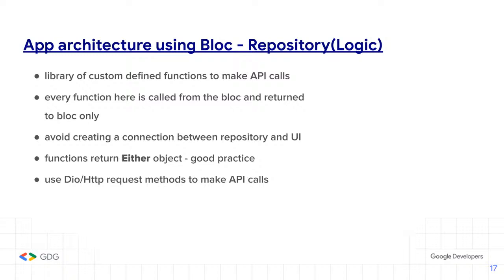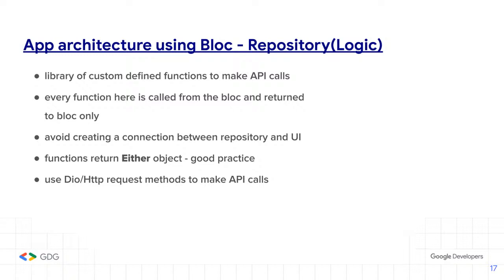One thing that I have personally noticed is that when I called the repository from the UI, it can make your app messy, and if it's a bigger application, you will spend a lot of time trying to figure out where things went wrong. So the bloc here manages everything for you, and since you have a dedicated bloc for every feature, it makes debugging a lot simpler as well.